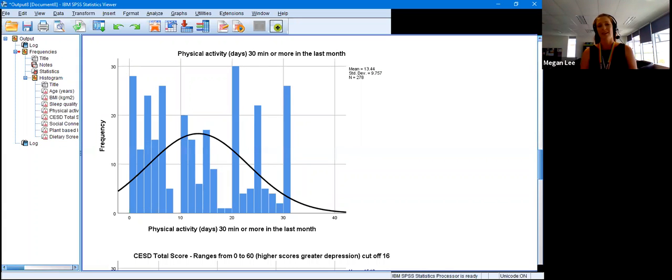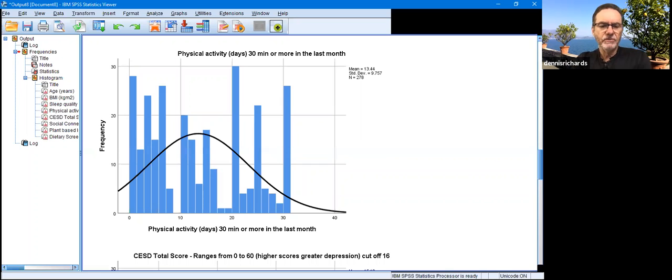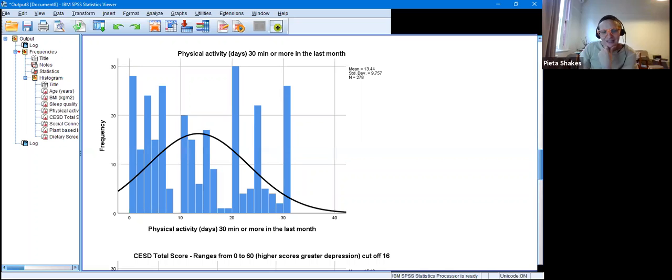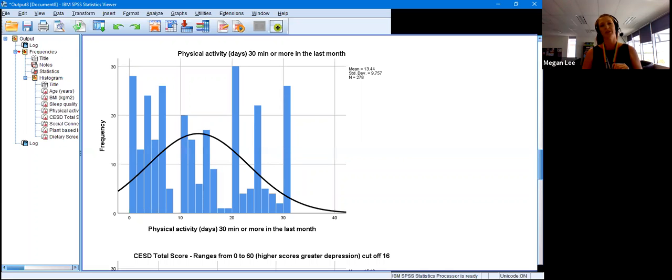Megan, how did you define physical activity? It was how many days in the last month have you done 30 minutes or more physical activity? It would have been any type of physical activity. The definition is up to the people to define? It would have been written into the question, with an example of what we consider to be physically active, but it's very subjective.